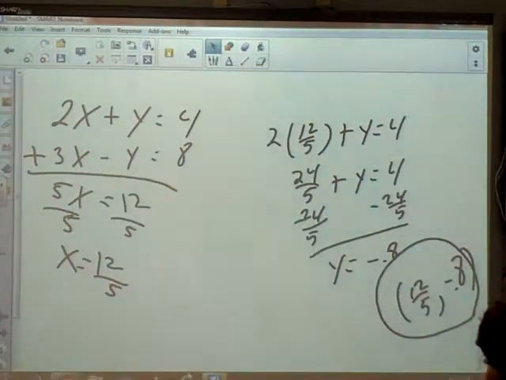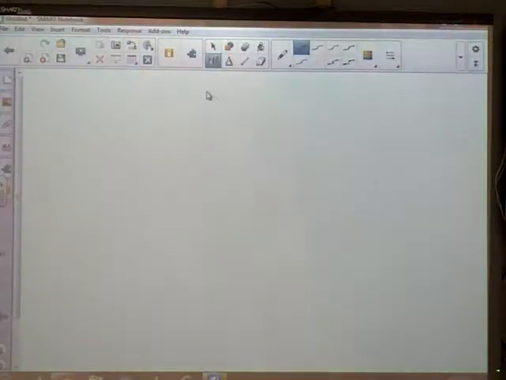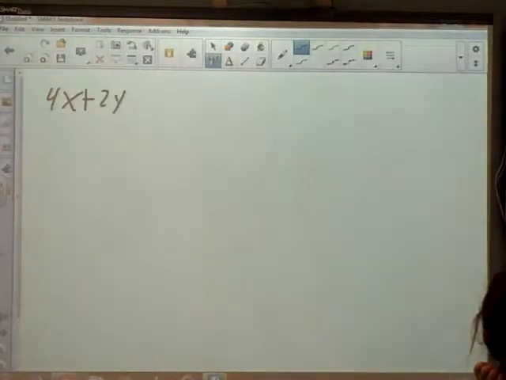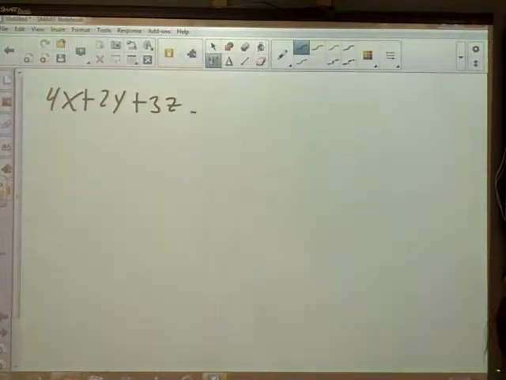Several steps. These get long, but they're not difficult. Here I've got 4x plus 2y plus 3z is equal to 12. 2x minus 3y plus 5z is equal to -7.